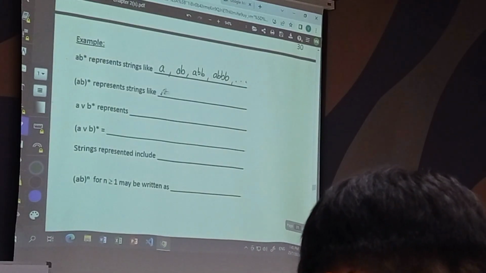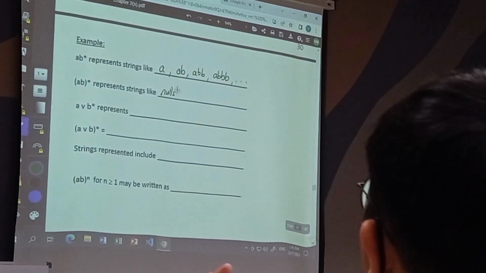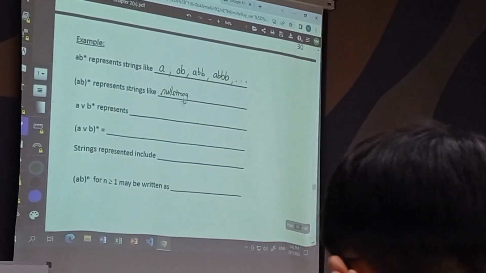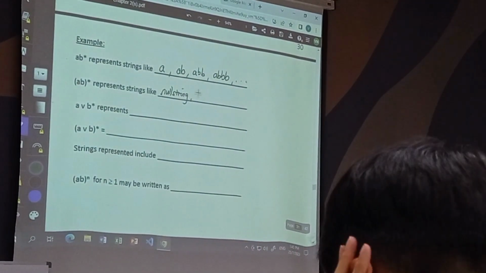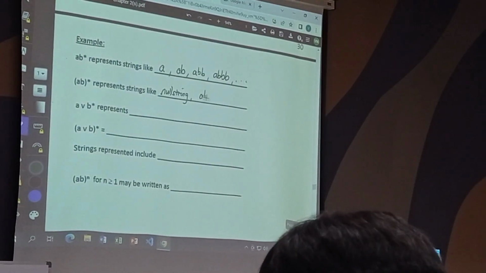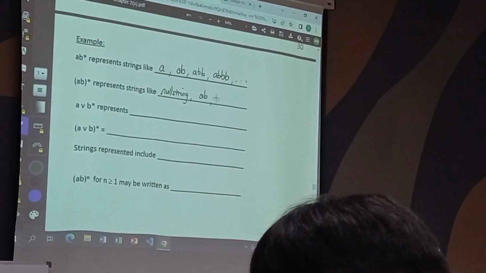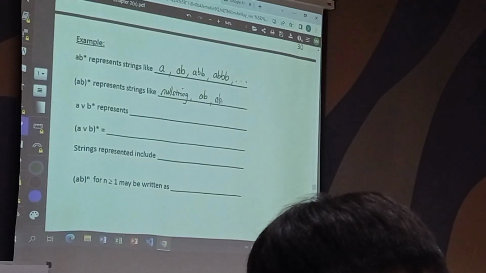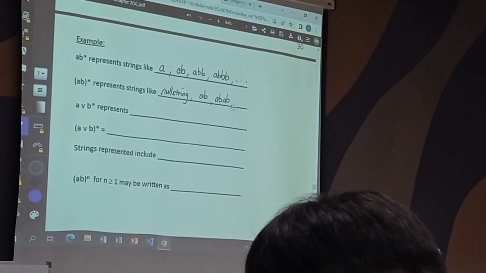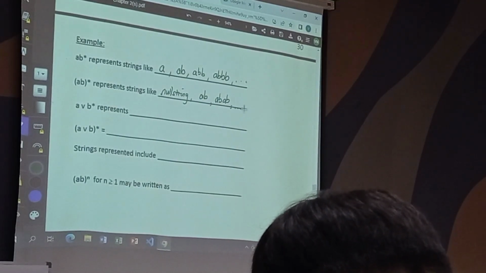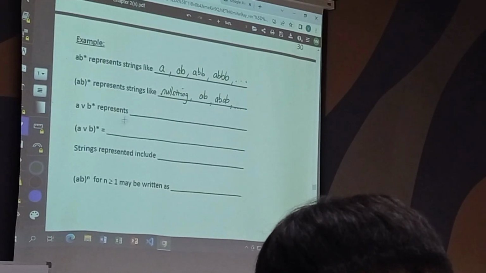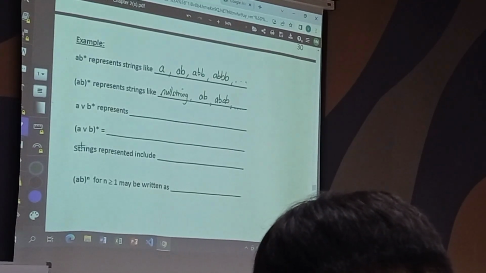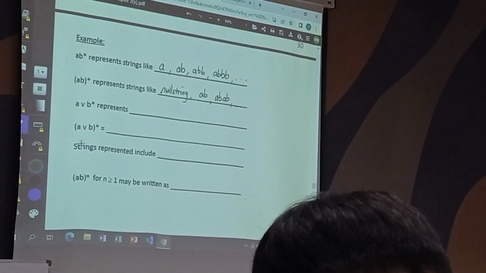Yeah, no string. And then if the asterisk is 1, you will have AB, right? If the asterisk is 2, ABAB, and so on. So when you repeat this AB, it will always repeat AB.